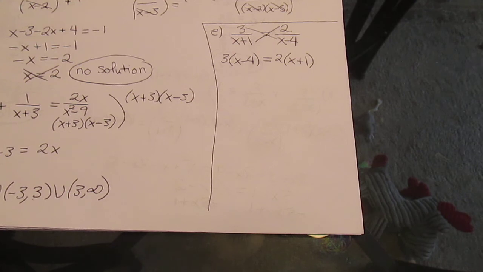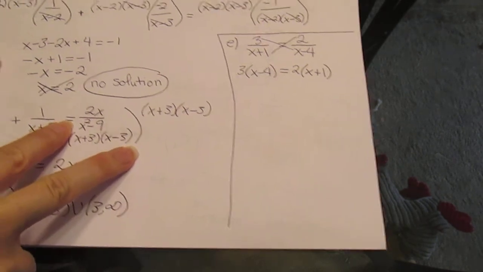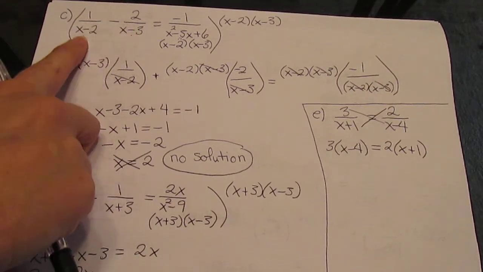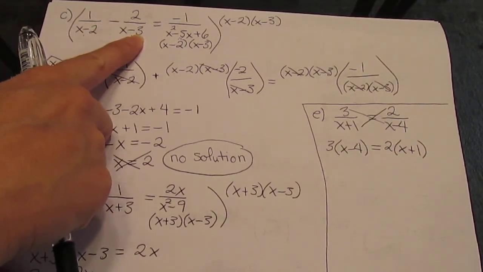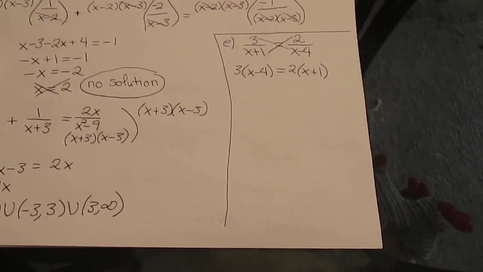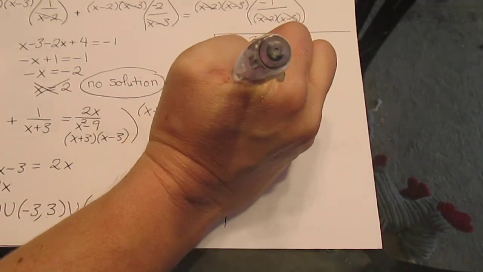You can only do this when you have one rational expression on both sides of the equal sign. If you have more than one rational expression on one side of the equal sign, you don't want to cross multiply. But cross multiplying makes it a little faster, so we'll go ahead and distribute.